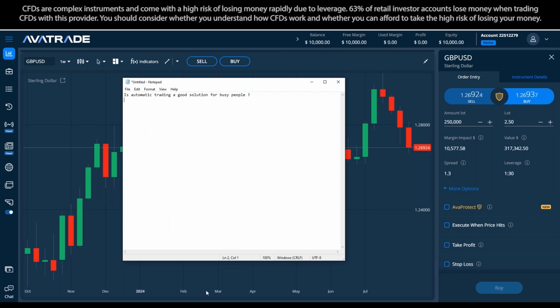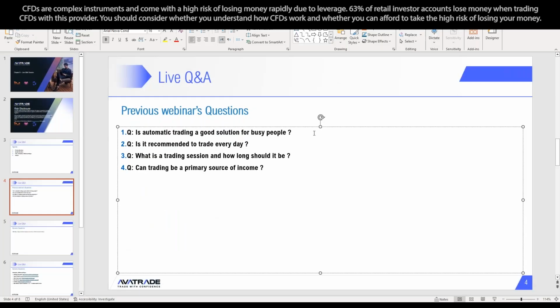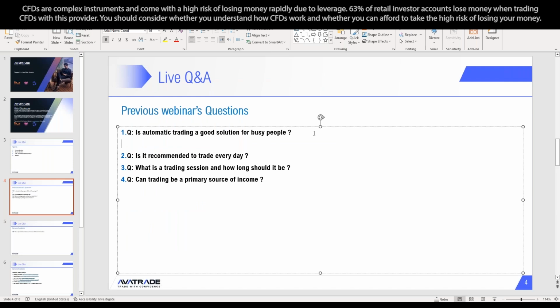Alrighto, so let's get rid of that. Actually, let's not get rid of that. Let's first put here a quick explanation of what we've done, which is that automatic trading can be a wonderful time-saving solution if it's being done after some analysis.